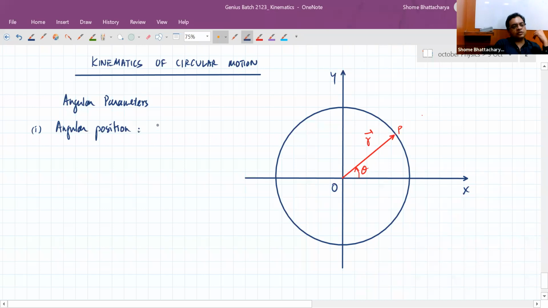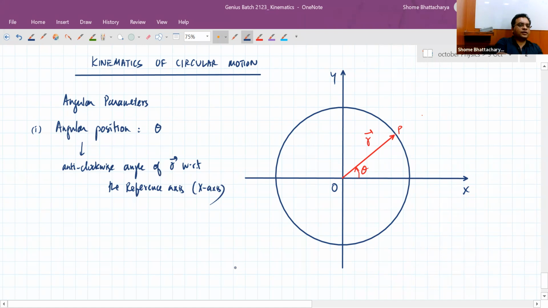So angular position is denoted by the symbol theta, where that angular position is the anti-clockwise angle of the position vector with respect to the reference axis, which is our x-axis.